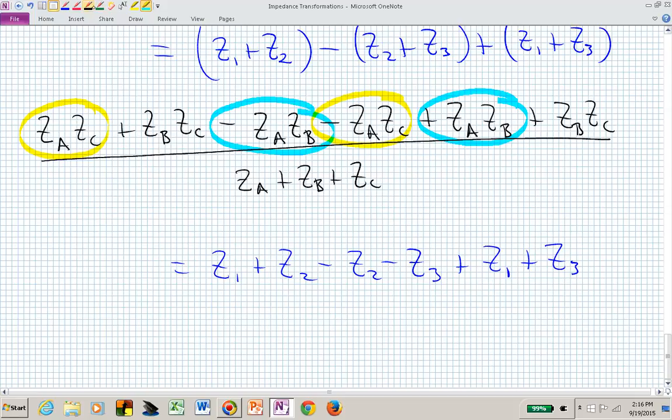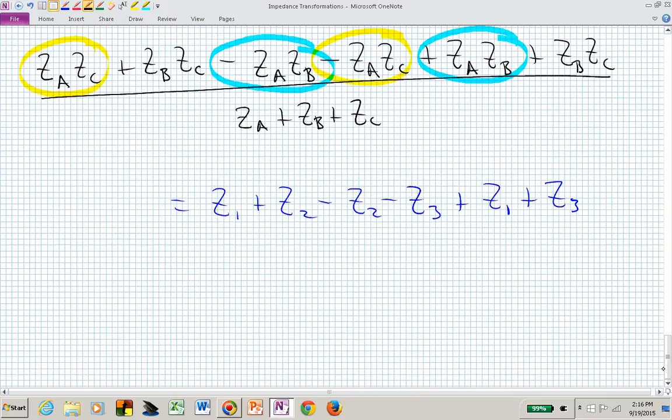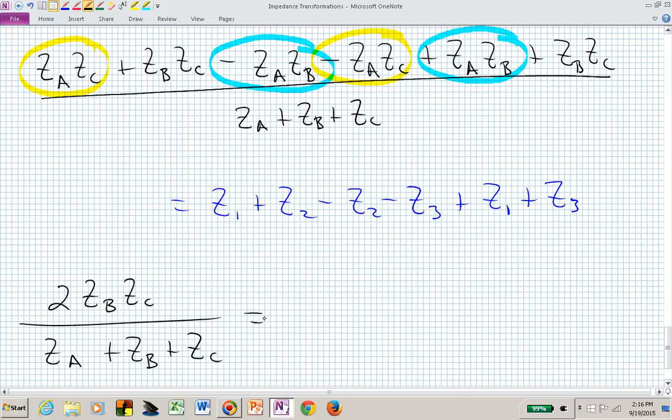And if we now write down what is left, we have 2 Z sub B, Z sub C over ZA plus ZB plus ZC equaling, and now the blue on the right-hand side, we can, I hope, see that we lose those two terms, and we're only left then with 2 Z sub 1.